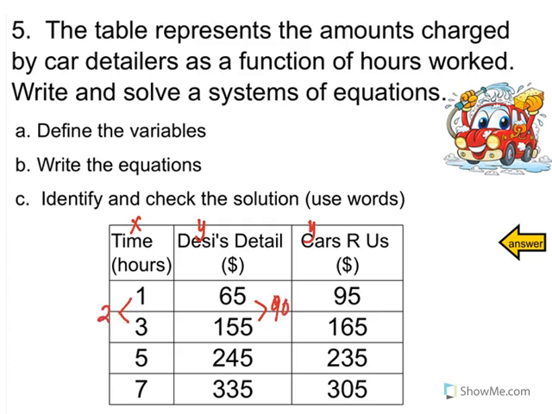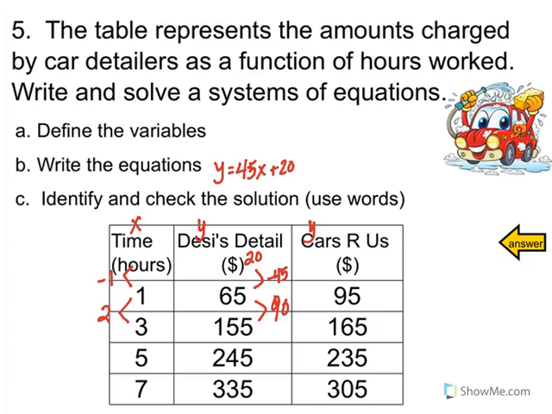My change in x is 2, so 90 over 2 would be 45. So it's 45x. I need to go back to get the y-intercept, so if I go back 1, that means I need to go back 45. Half of 2 is 1, half of 90 is 45. 65 minus 45 is 20. So my y-intercept for this first equation is plus 20. So y equals 45x plus 20.